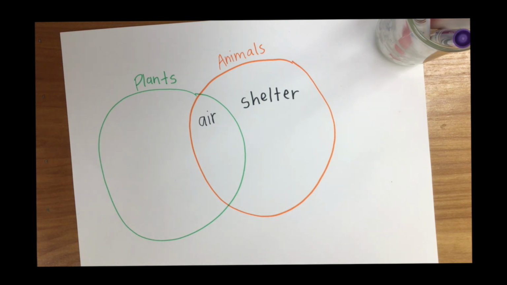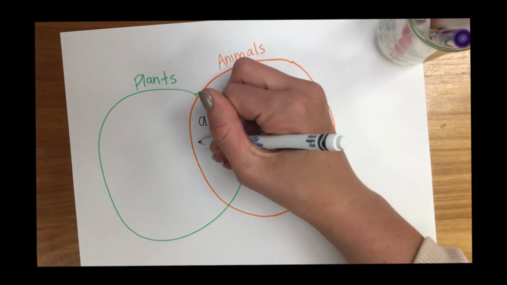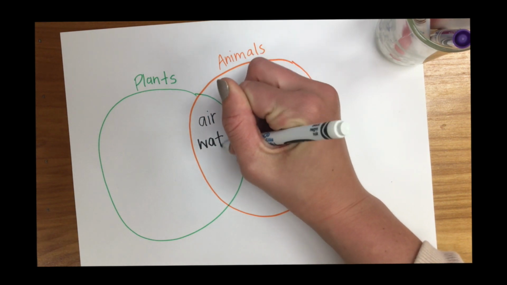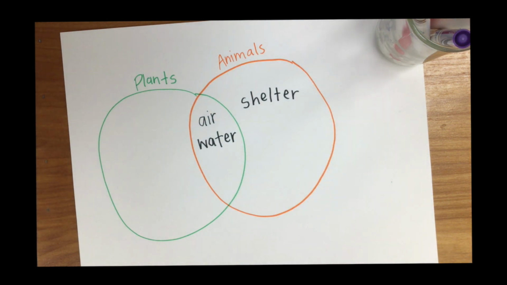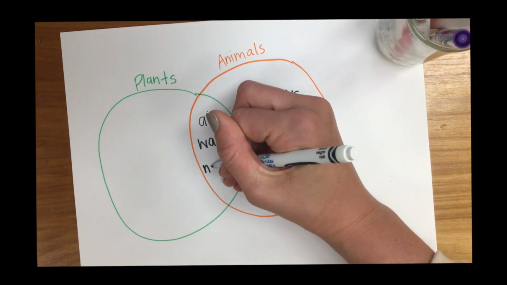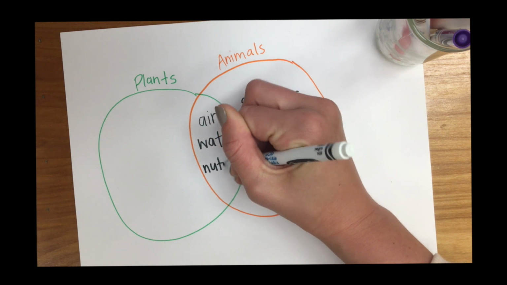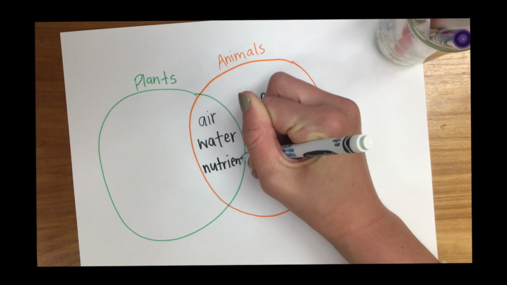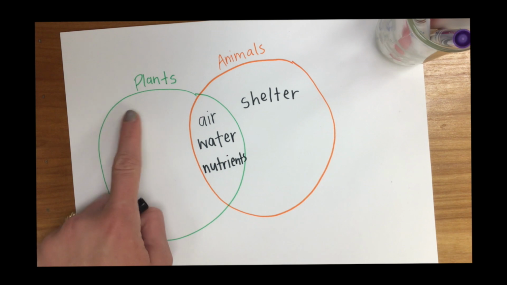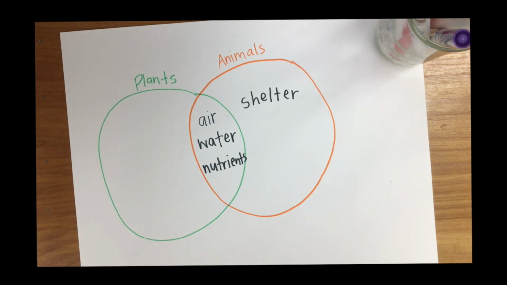We learned that both plants and animals need water to survive. We also know that plants and animals need a source of nutrients. Plants get their nutrients from the soil. Animals get their nutrients from food.